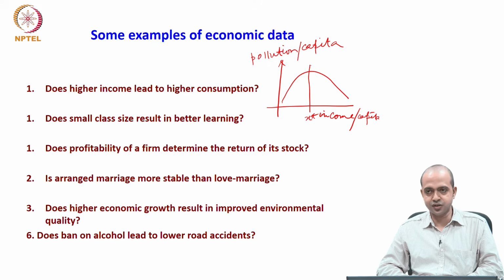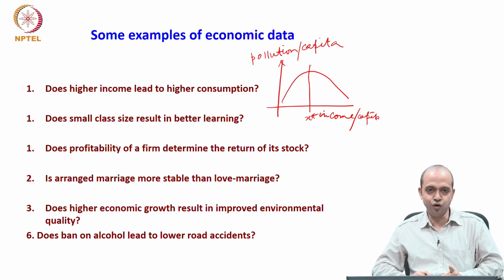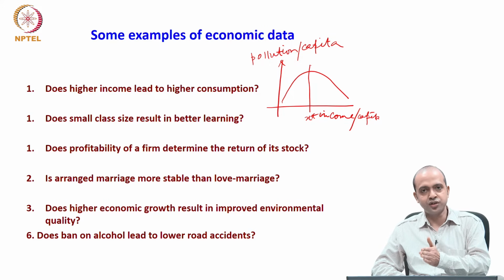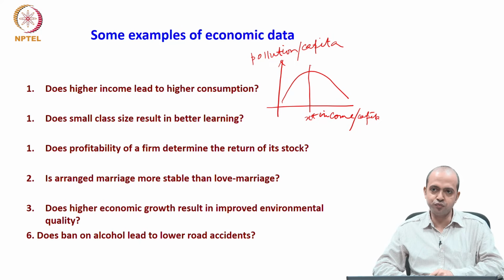If you drive fast, then there is a higher probability of making mistakes, that means a higher probability of committing accidents as well, right. So both banning alcohol is an economic decision, the data is coming from the economic decision taken by the government, and how the drivers drive their vehicle on the road is also an economic decision from the driver's point of view.